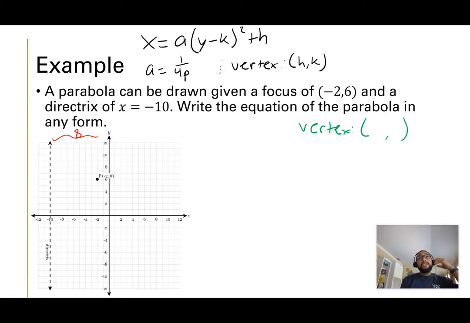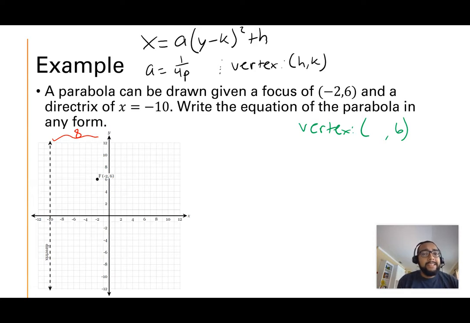Now, just as it is with our vertical parabolas, our vertex will be on the same axis of symmetry as our focus. What that means for us is that the y value of the focus is the same as the y value of the vertex. So in this case, we have a y value of 6 for the focus, so the vertex will have a y value of 6 as well.